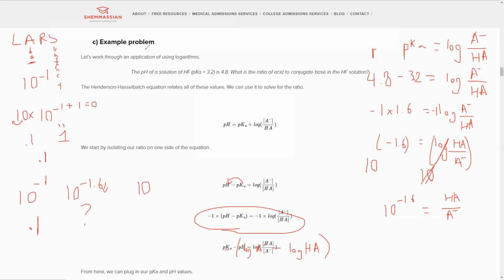Now, that might have been confusing, so I'm going to do it again with the next value. The other value: I can round this down to 10 to the negative 1, or I can round it up to 10 to the negative 2. So let me solve for 10 to the negative 2 this time.